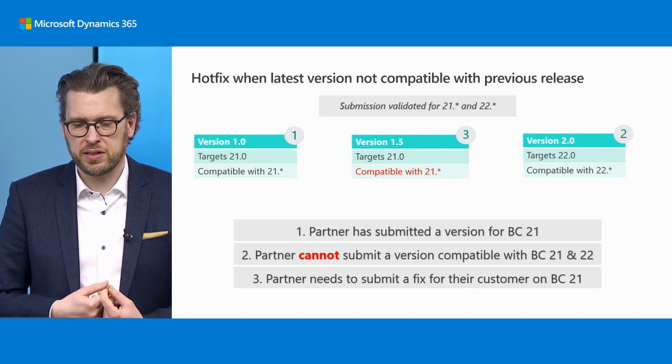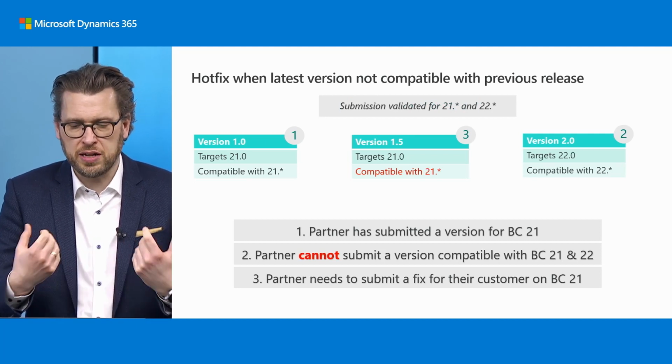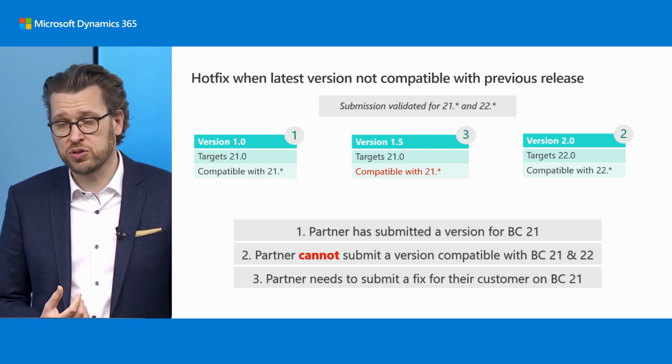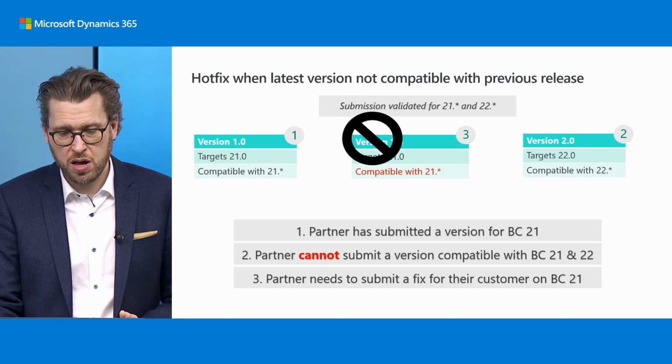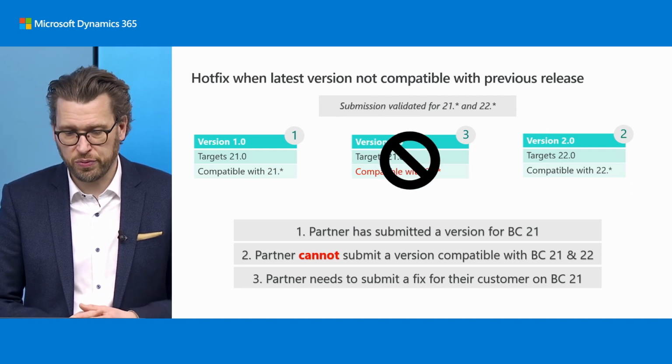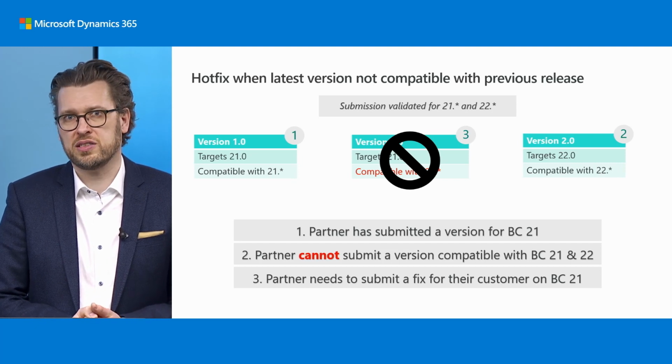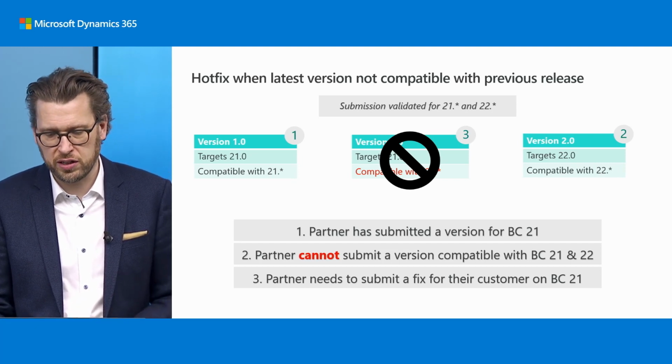And when you submit this, we are actually, until now, checking that this app is compatible both with version 21 and version 22. And since it's not compatible with version 22, you're not able to hotfix this, right? So you're kind of caught in this.